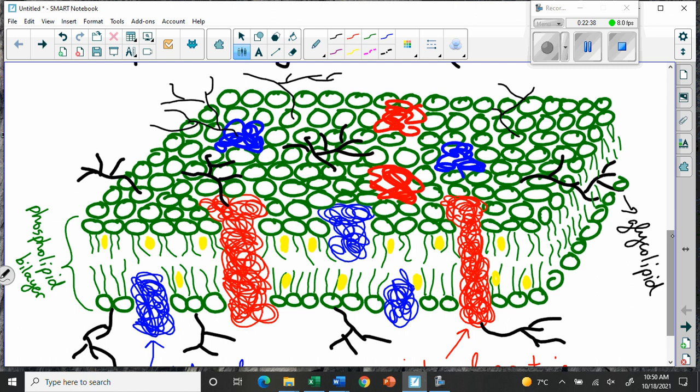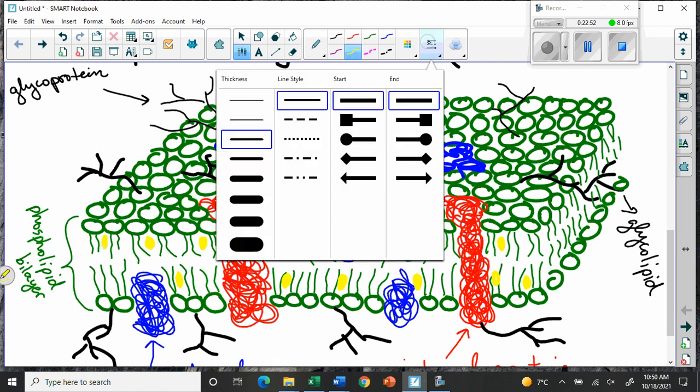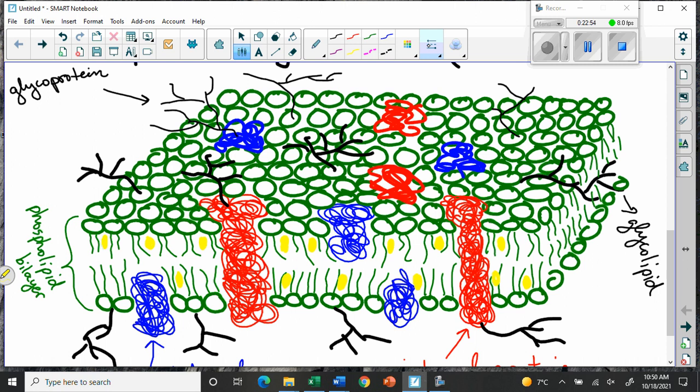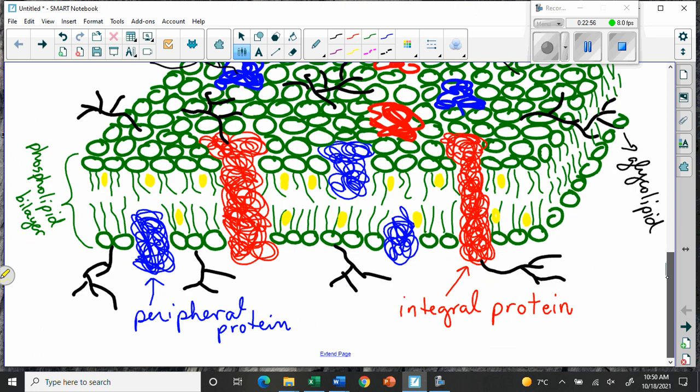And then over here, this one attached to the blue, I'll point to him and I'll call him a glycoprotein because he's attached to the protein. All right, and then the last thing are the yellow blobs, which I'll write in yellow. If we pick a yellow blob and a spot where I can write a big word, maybe right here, we'll point the arrow in. And those are blobs of cholesterol.